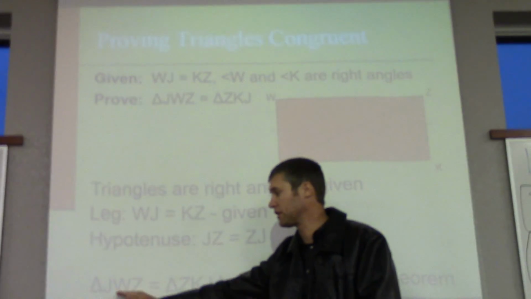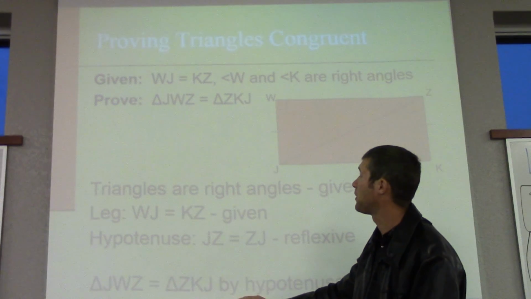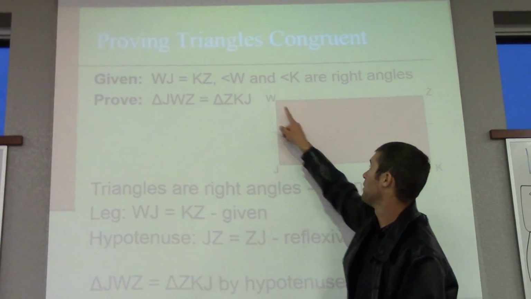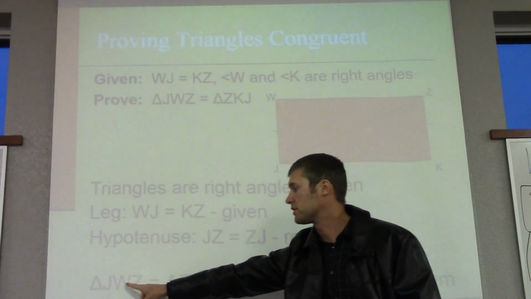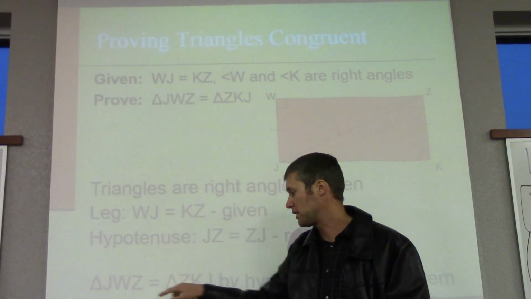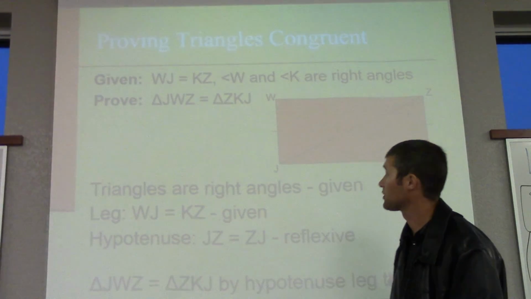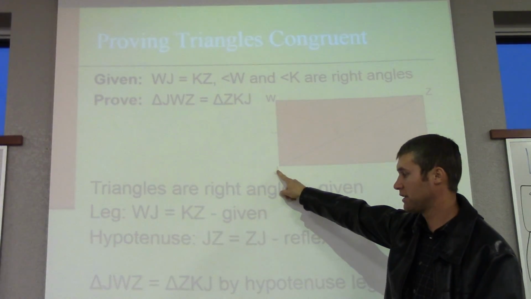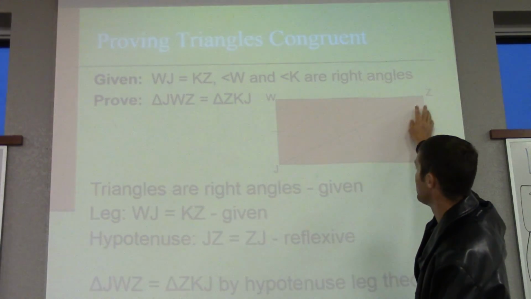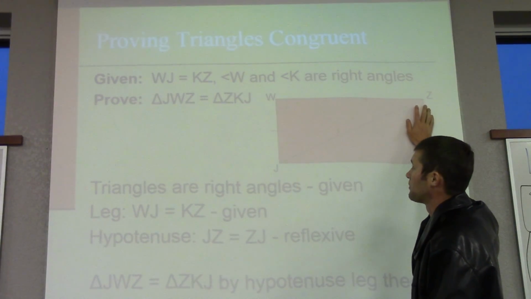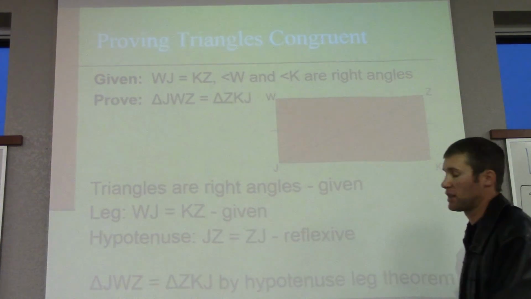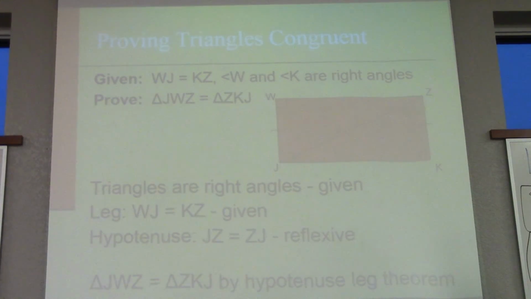We want to make sure these are equal in corresponding parts. So if you look at W and K, they're corresponding, they're equal, and they're in the same positions. You look at J here, right? J and Z should be in the same spots. So we want to make sure that we have these corresponding parts.